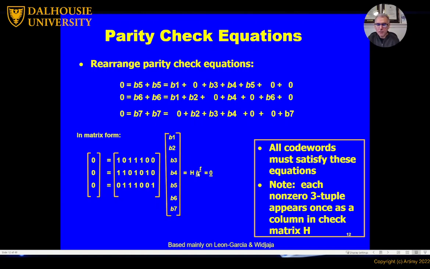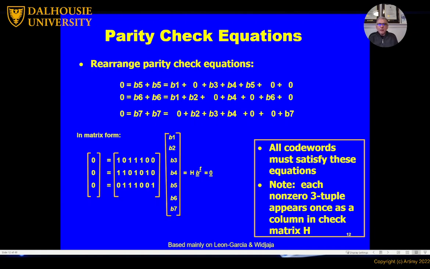So B transpose is the vector that includes all the bits. So if I take this matrix and multiply it with any bits that I receive, I should get all zeros, and that indicates no error.